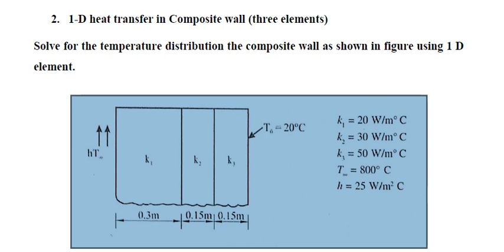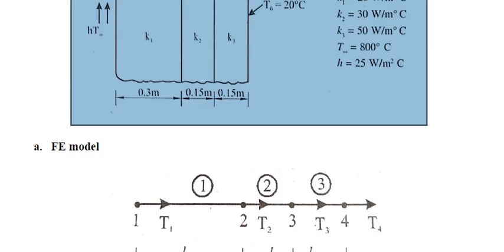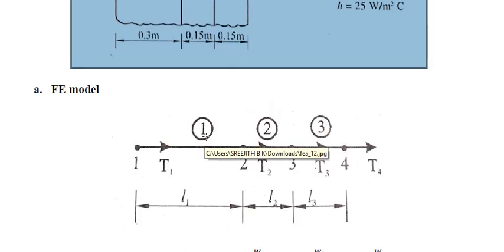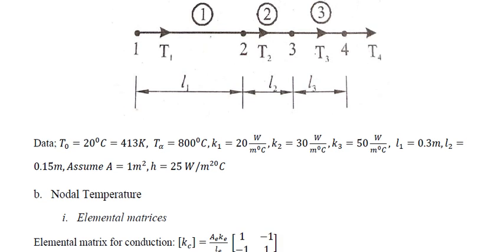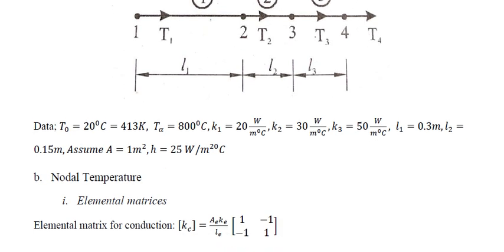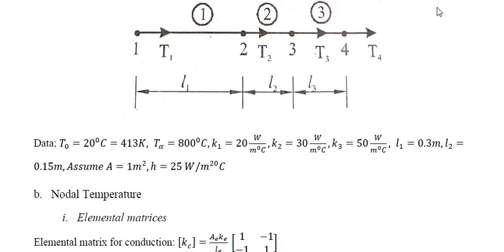Okay. The finite element model goes like this. There are three elements, element 1, element 2, element 3, with 4 nodes. T4 is given. L1 is 0.3 meter, L2 is 0.15 meter, L3 is 0.15 meter. We are maintaining meters and degrees centigrade, that we should take care of.